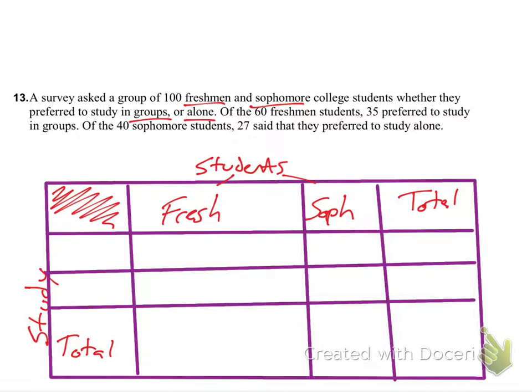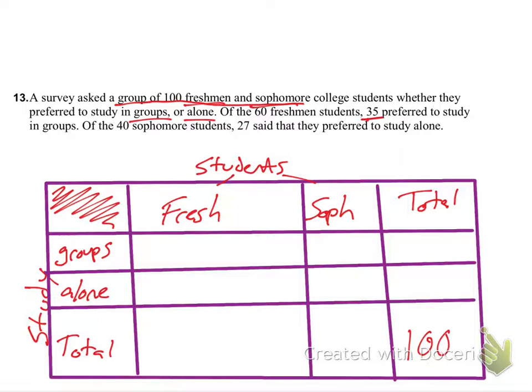So this one tells you, do you like to study in groups or alone? It tells us there's a group of 100 freshmen and sophomore college students. So that gives me a total of 100. And then 60 freshman students, 35 of them.